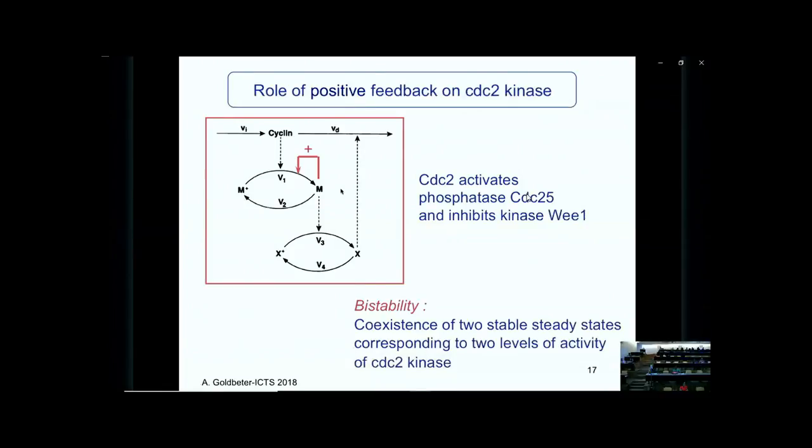Now, remember that CDC25 activates the kinase CDC2 by dephosphorylation, while the kinase V1 inhibits CDC2 by phosphorylating CDC2 on a tyrosine located in the active site of the enzyme.